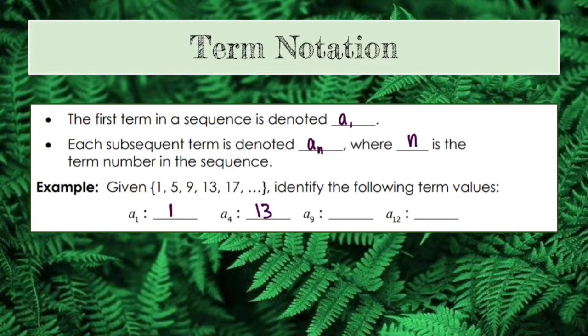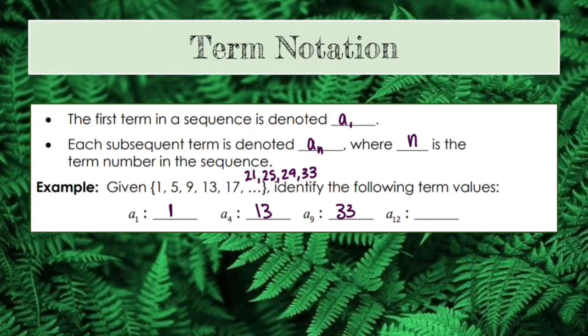So I'm going to keep adding 4. So 17 plus 4 is 21. If we add 4 more, we get 25. Then 29, then 33. So we now have 9 terms. This is our 9th term. So we can answer that A sub 9 equals 33. Or the 9th term is 33.